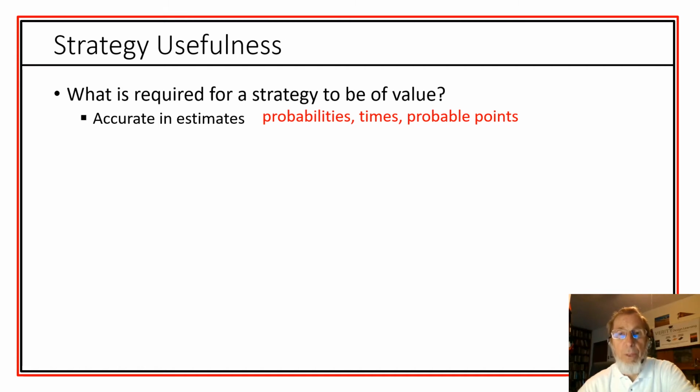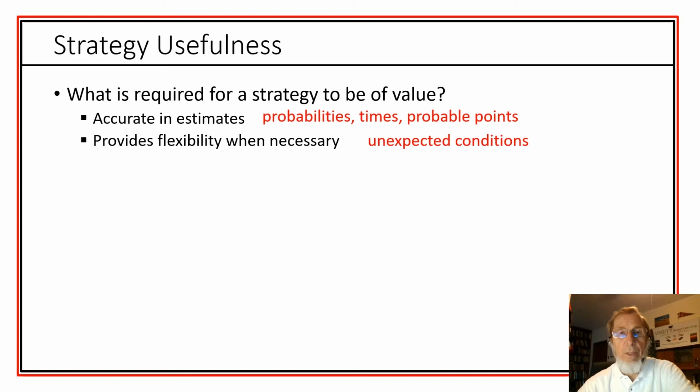So our probabilities, our times to score, these need to be well-founded. Good estimates give us accurate estimates for our strategy. And secondly, our strategies should provide flexibility when it's needed. We need to have strategies in hand for those unexpected conditions that could occur.